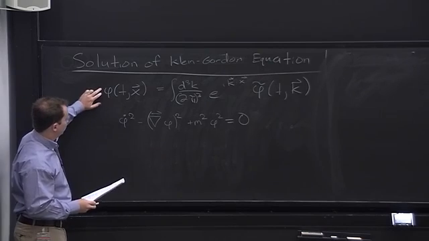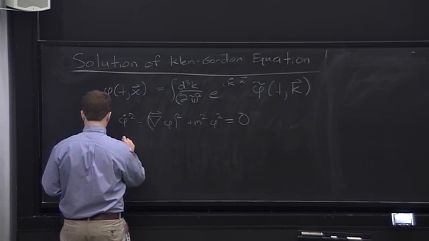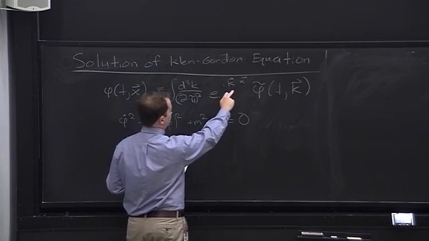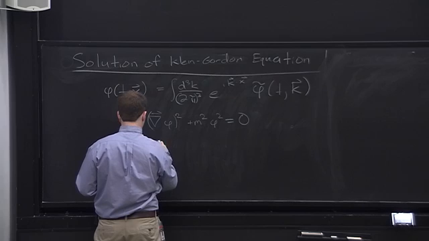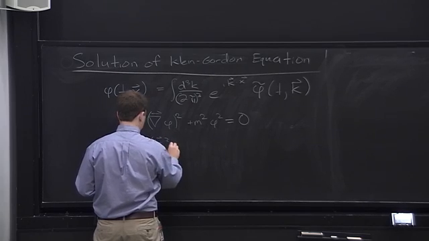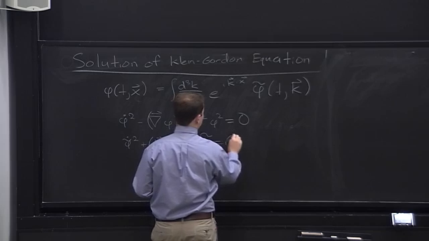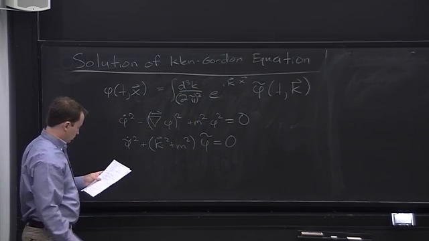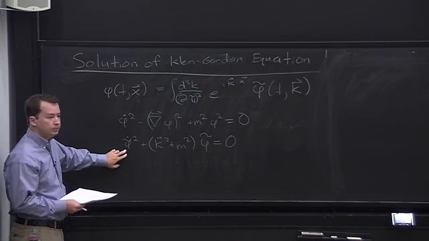And if we plug this Fourier ansatz in here, if we take this derivative, we pull down 2 factors of i k. And so we get phi double dot plus k squared plus m squared phi tilde equals 0. Okay, and so this is an equation we can solve by inspection.